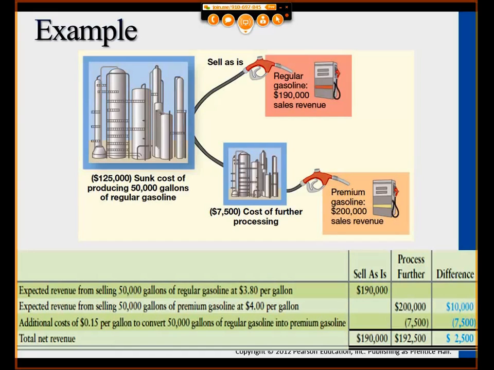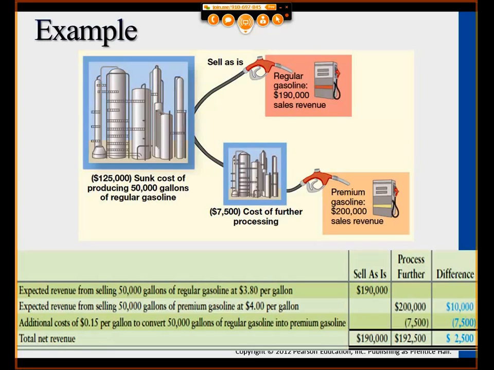And we're going to help them right now to do that. So what do we have on the bottom here? What table is it? We can sell our premium gasoline at $4 per gallon. And that would allow us to, how much?